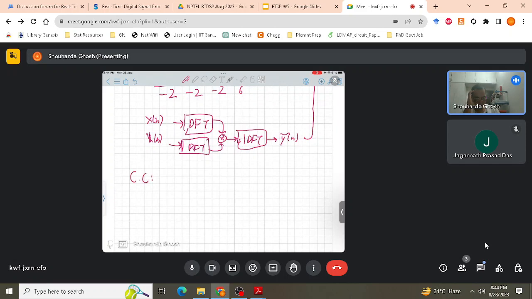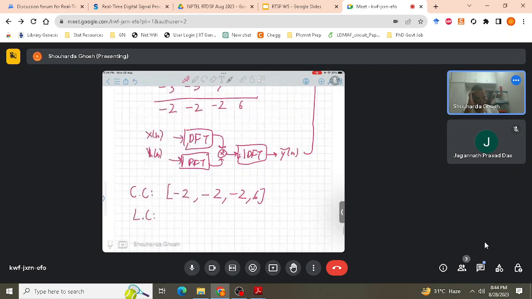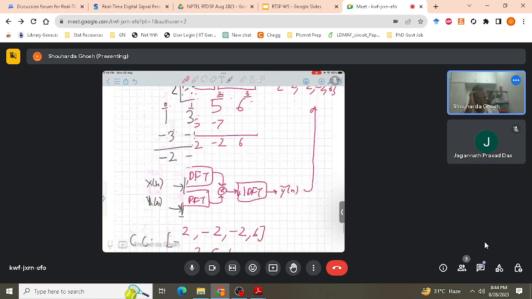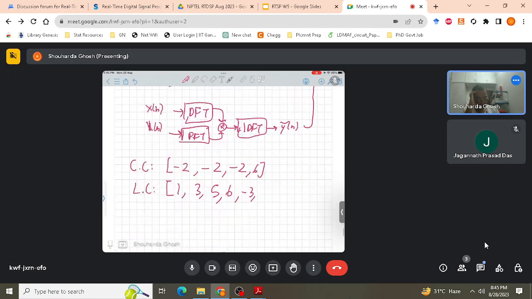Circular convolution will give us minus 2, minus 2, minus 2, 6. And what does linear convolution give us? 1 3 5 6, minus 3, minus 5, and minus 7. And hence you can understand the severe nuisance of not doing zero padding. Hence we must do zero padding before we do the DFT.